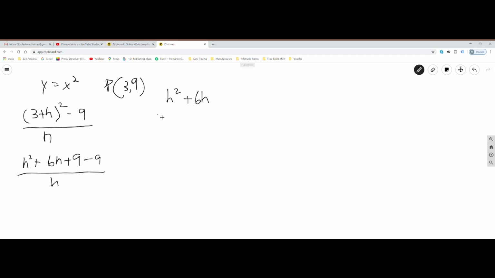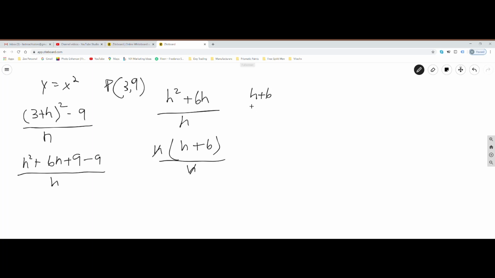So now you have h squared plus 6h over h. If you remove the common factor, which is h, you get h plus 6.